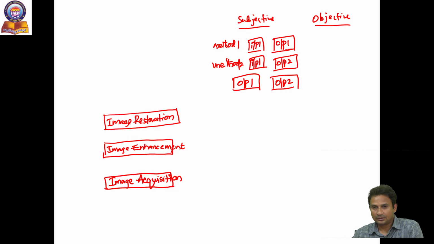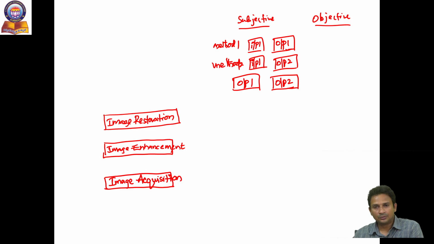This is what is called a subjective procedure. The evaluation results are compared by side-by-side comparison based only on human observations, and no mathematical proofs are used to validate whether method 1 or method 2 is producing good output.